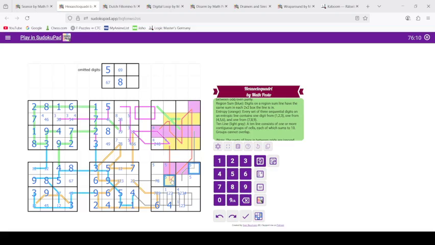So it'd have to be 5 or 7. Which does make sense, because this is an odd number. So that has to be an odd number to add to an even number. This is all looking very likely.